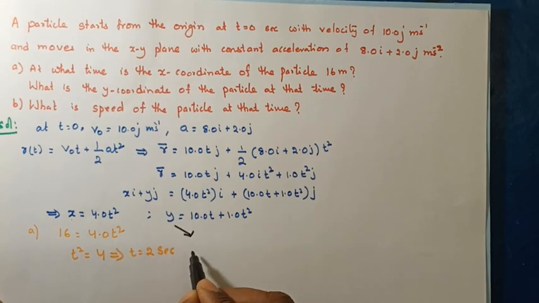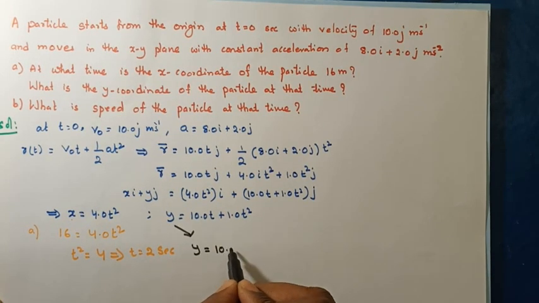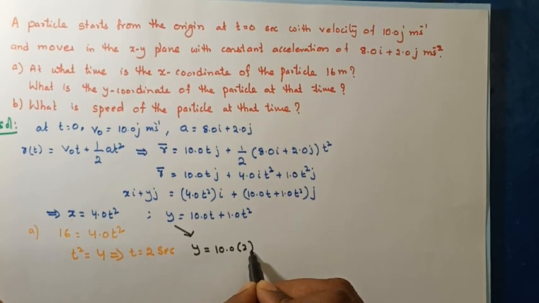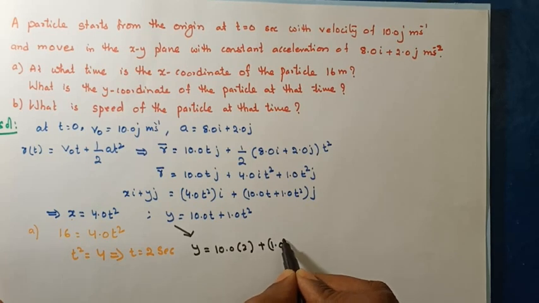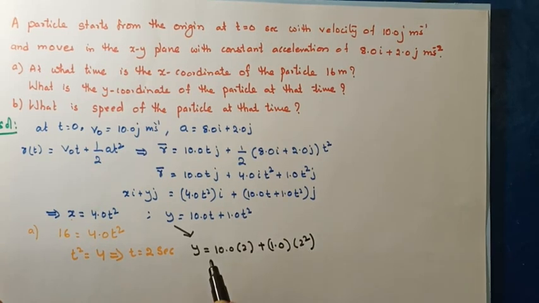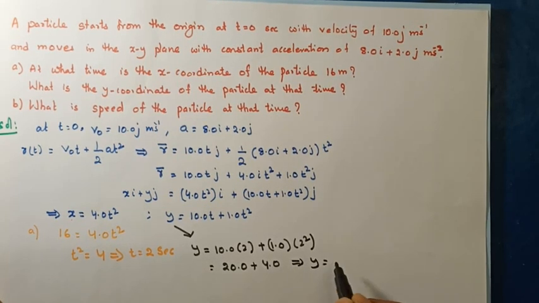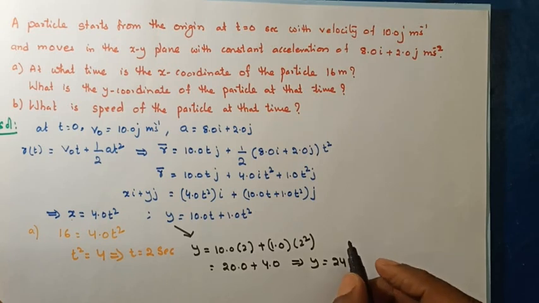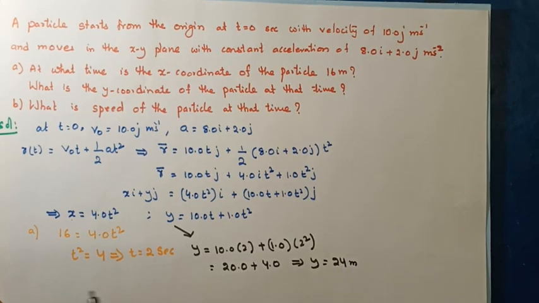Substitute t: 10.0 into 2 plus 1.0 into 2 squared. You will get 20.0 plus 4.0, so the y coordinate is equal to 24 meters. The section A is over.